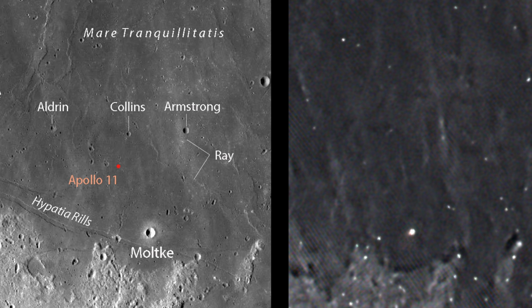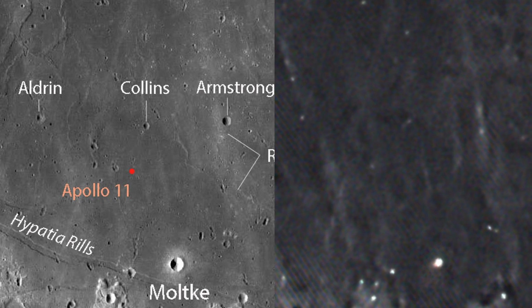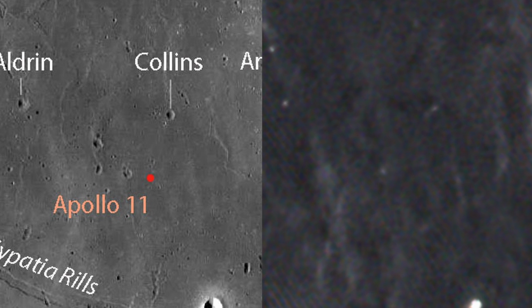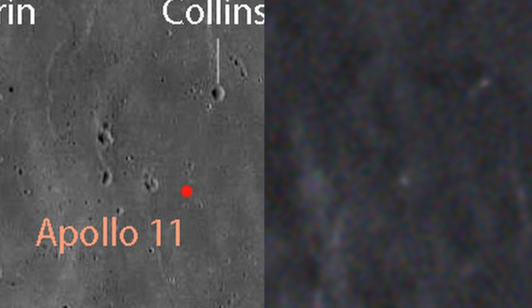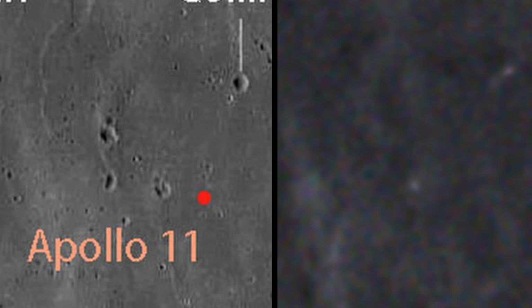Let's zoom in again. Again, you can see the elongated structure depicted as a red line here. Let's take the same distance here. And this is about the Apollo 11 landing site region in detail.